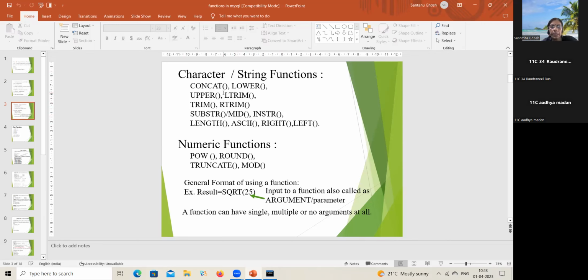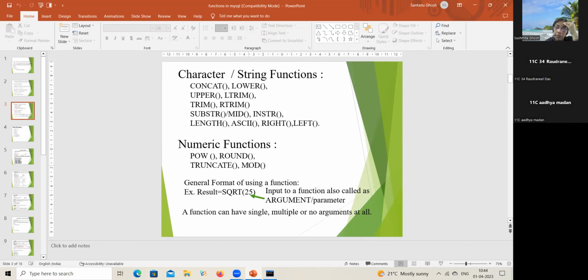I can convert the data into uppercase. I can convert the data into lowercase. I can join the data together of 2-3 fields. I can remove the spaces. So all these are applicable to my character data, char, varchar fields only. Okay, so we learn about these functions.